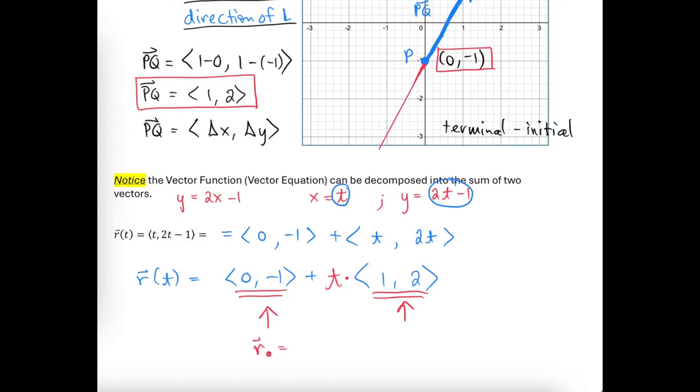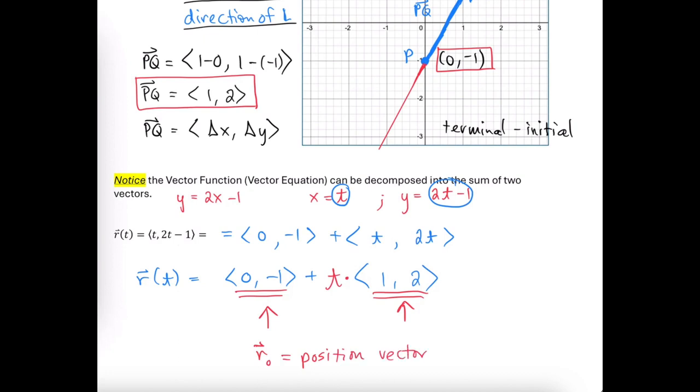R sub 0 is the same thing as saying R evaluated at 0, but we're going to use this R naught notation because it's the same thing that is used in many different texts. So we'll call R0 a position vector, or a vector that gets me to a point that is on the line.